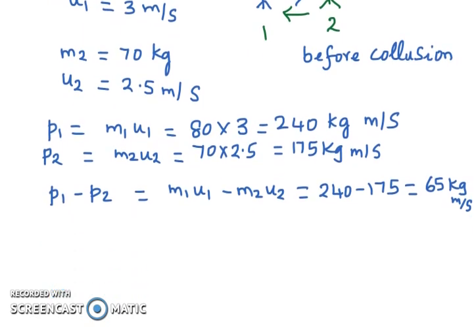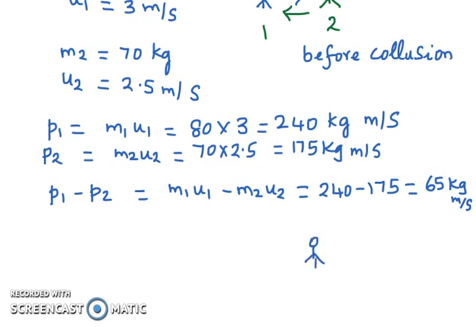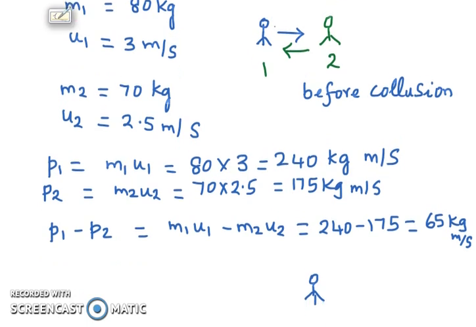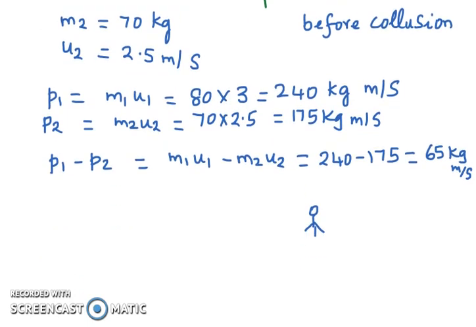Now, they collide with each other. What happens after collision? When they collide with each other, they both are going to be at the same position, and now their velocities are going to be the same.